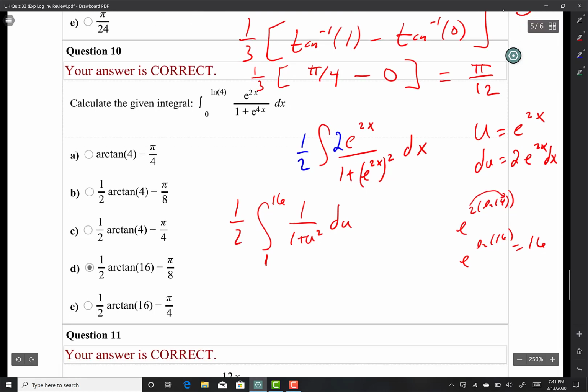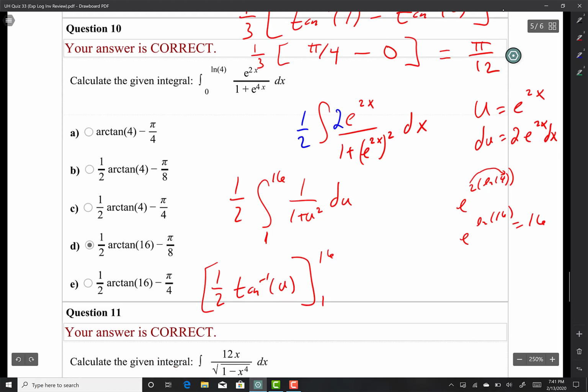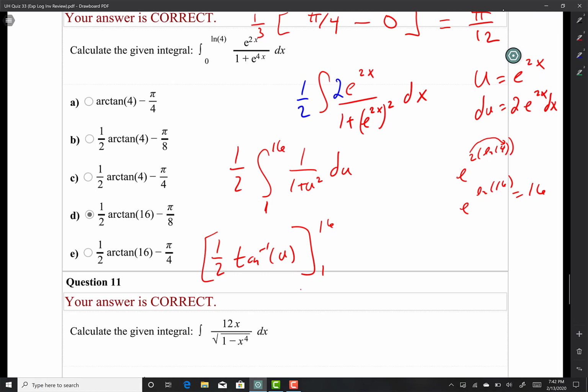So now we're ready. 1/2, and this is arctan of u, and again, no reason to go back to your x. You're going to do those. So upper minus lower, keep the half factored out. So I'm going to keep the half factored out, and I'm going to go arctan of 16 minus arctan of 1.